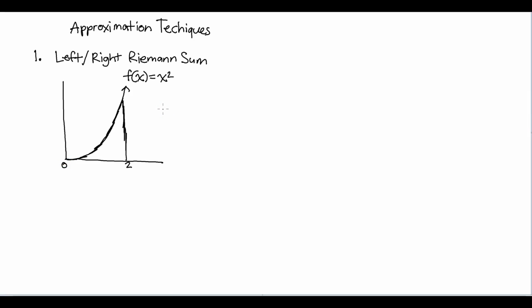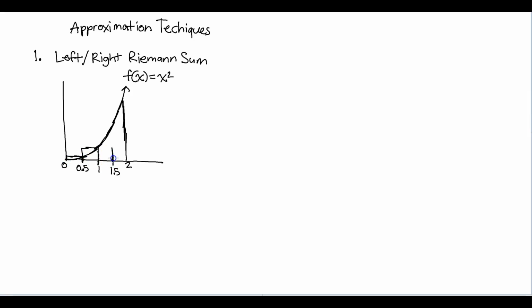So we're having 4 rectangles. So let's divide this into 4. Okay? So the length of each subinterval would be 0.5. Now because it's a right sum, okay, the right edge touches your function.